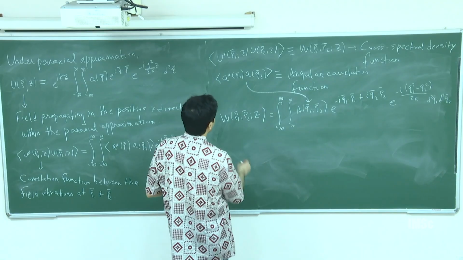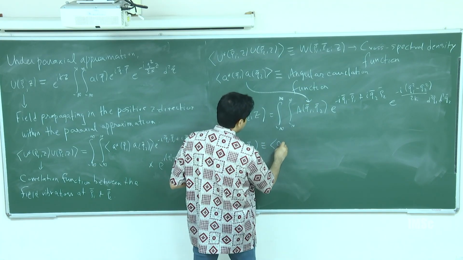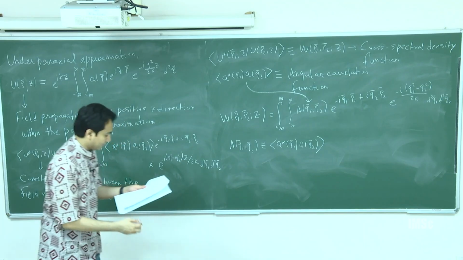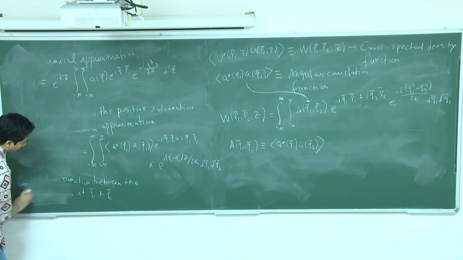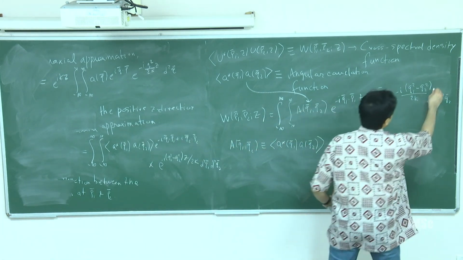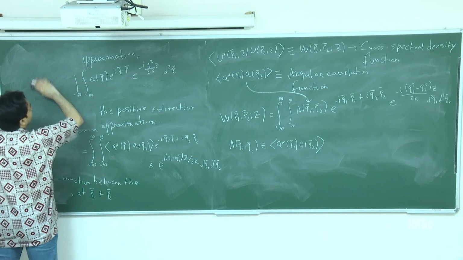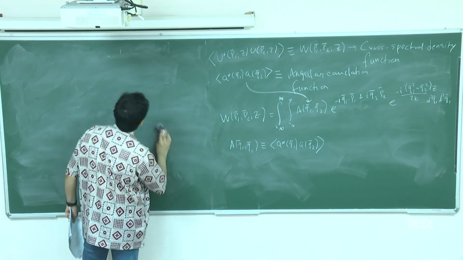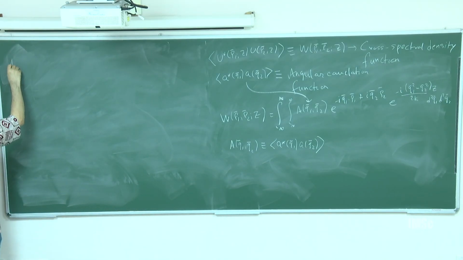So that's what it is. So once again, the source is placed at z equals 0.